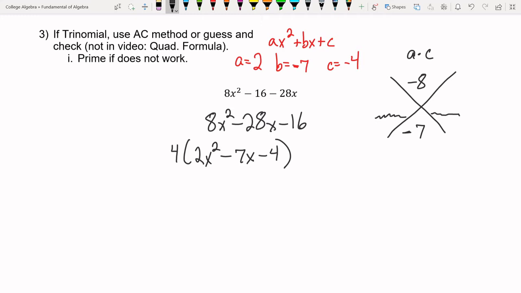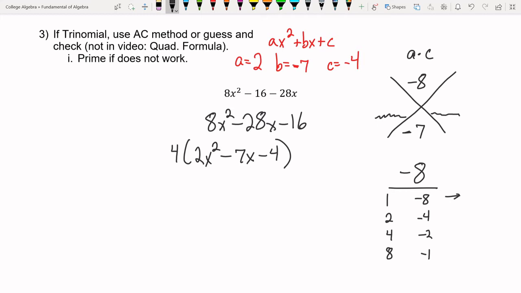If you're not sure where to go, you can guess and check. This is actually pretty easy to guess and check for these two numbers. If you're not sure what to do, you can always write out multiples of -8. 1 times -8. 2 times -4. 4 times -2. And 8 times -1. Those are all the possible combinations that multiply to give -8.